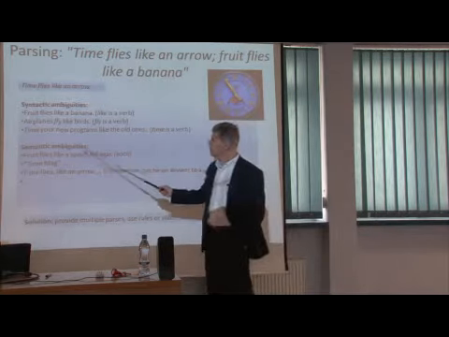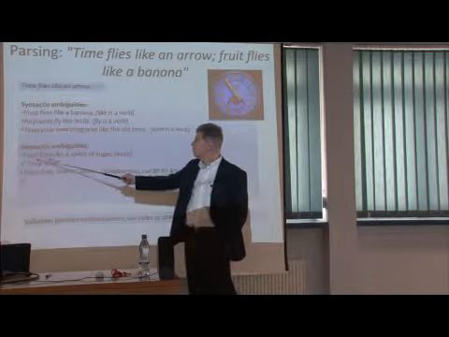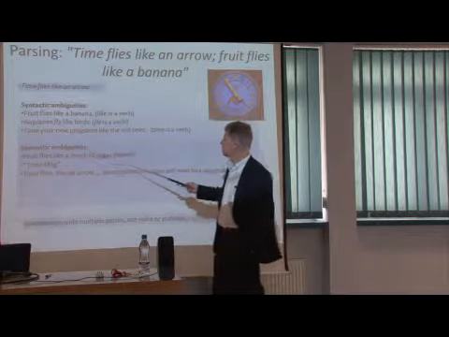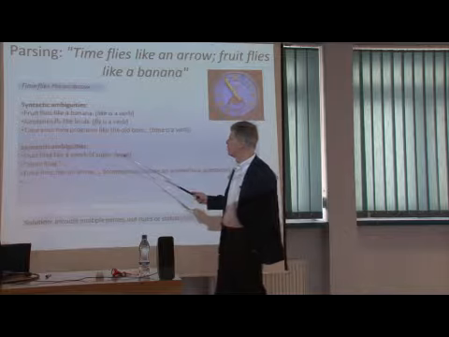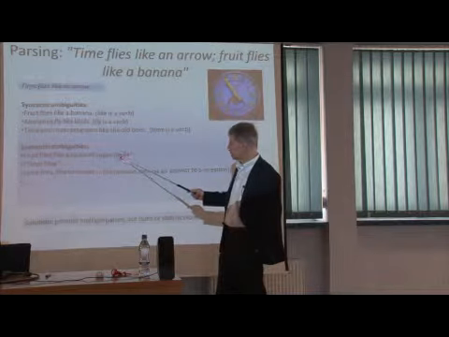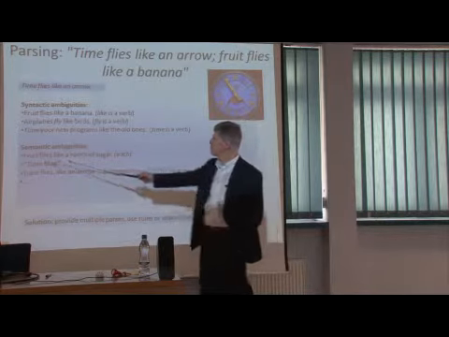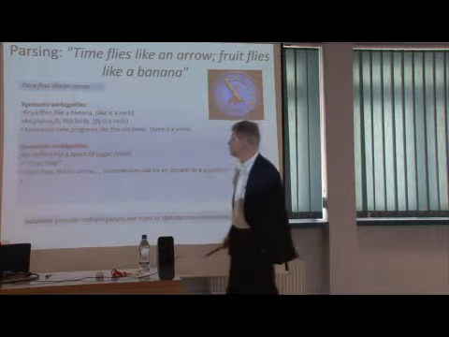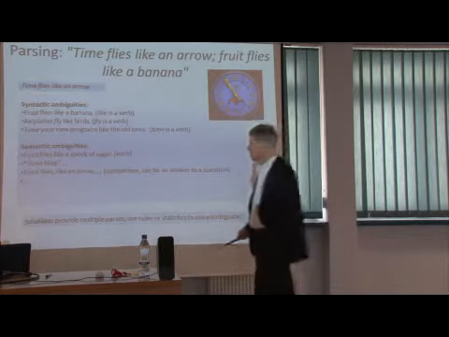There are semantic ambiguities, okay? So fruit flies like a speck of sugar, all right? And is it the question that each of them likes the same speck of sugar or a different one? Time could be a reference to Time magazine. It could be a comparison, and so on and so forth.